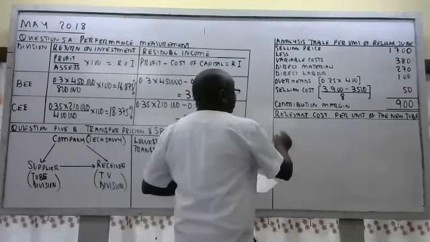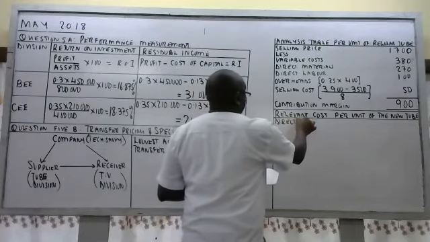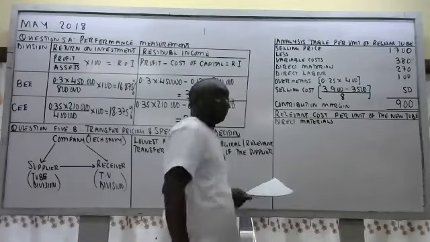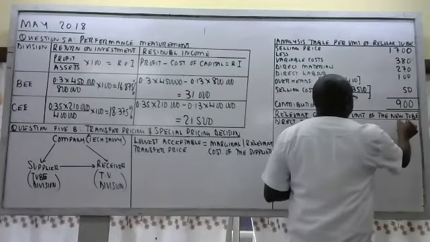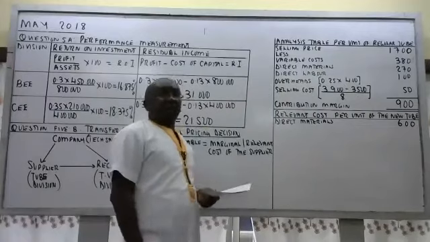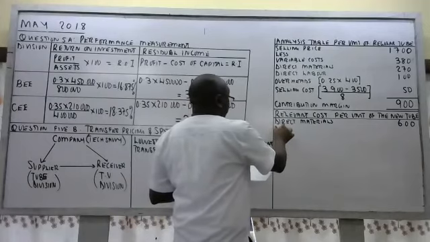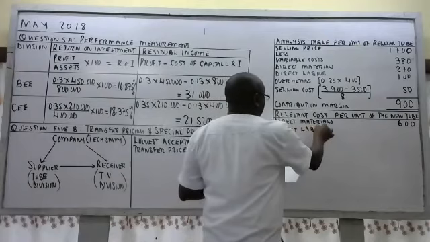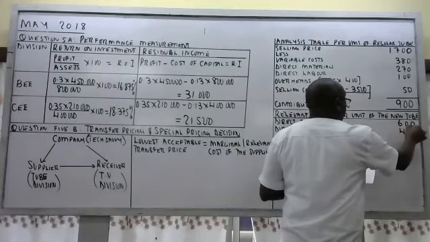So down there you can see they have begun with direct materials. Direct materials is 600. Then I have direct labor, which is 490.